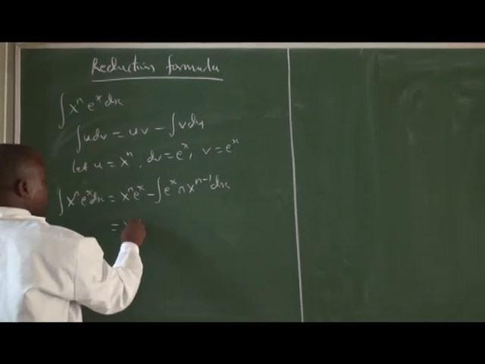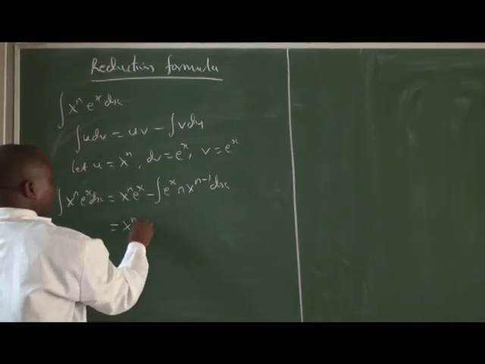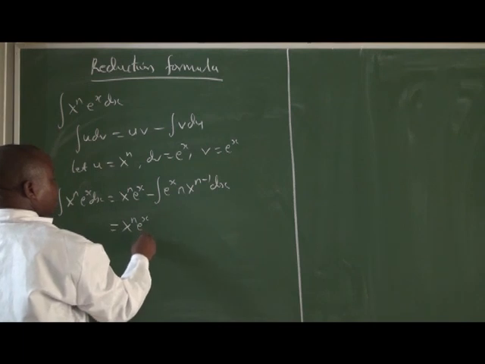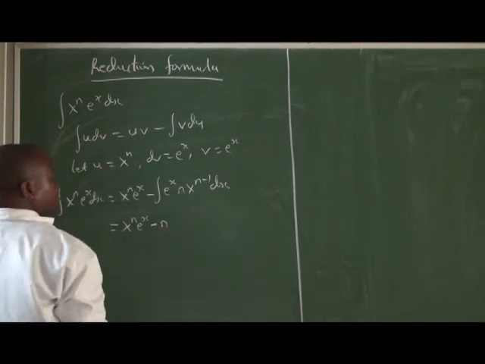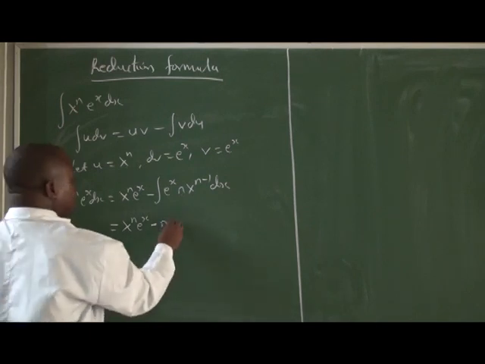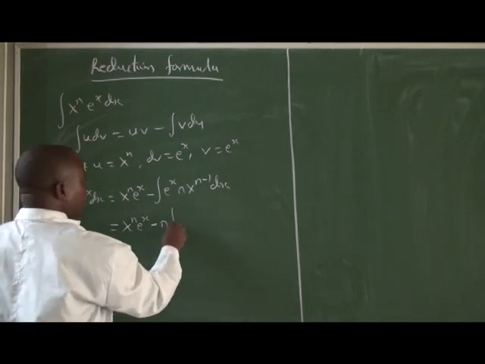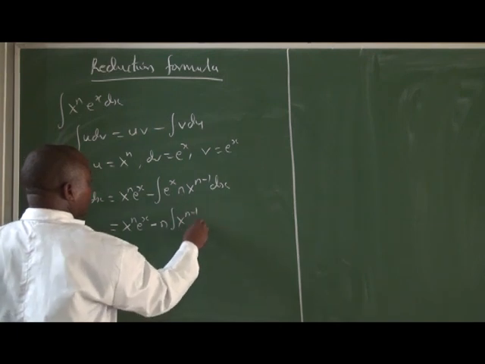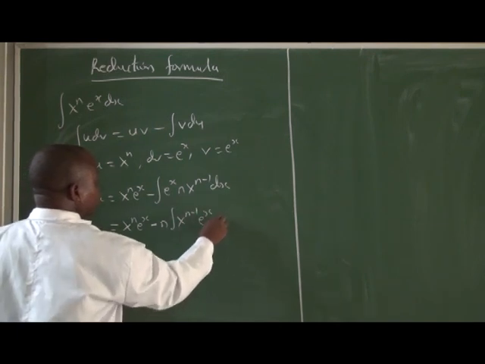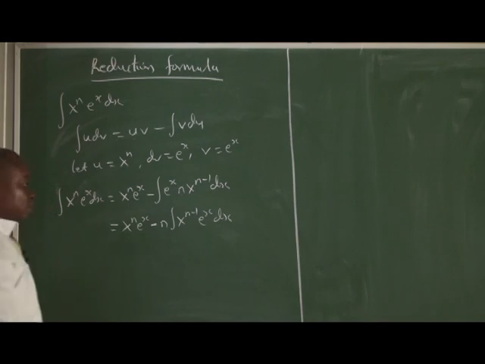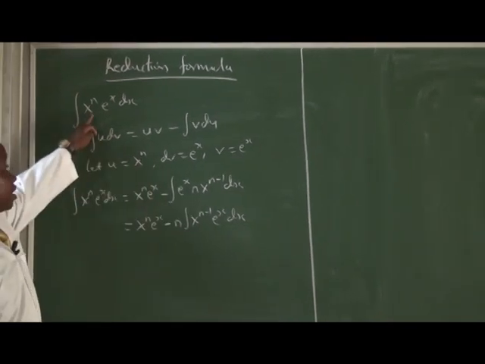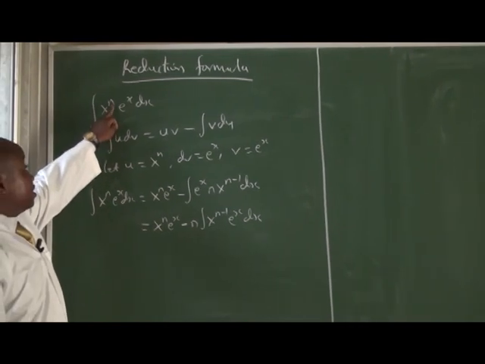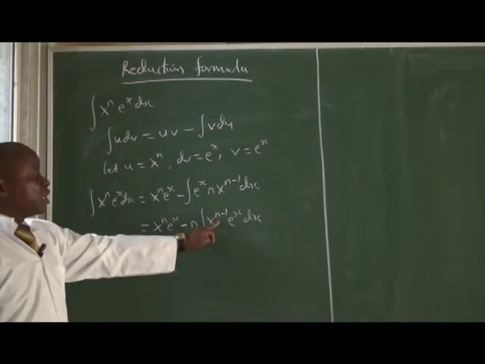That could be written as x^n e^x minus, I have to bring n out, minus n, then the integral of x^(n-1) e^x dx. So you see that what we have here is the same thing as here, only that this one is n and this is n minus 1.